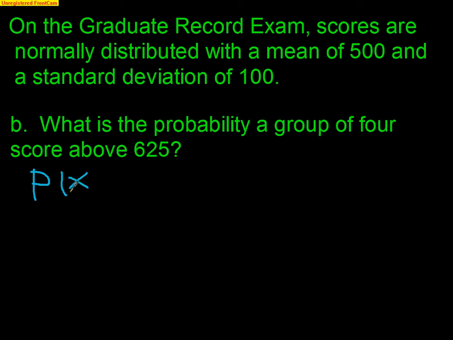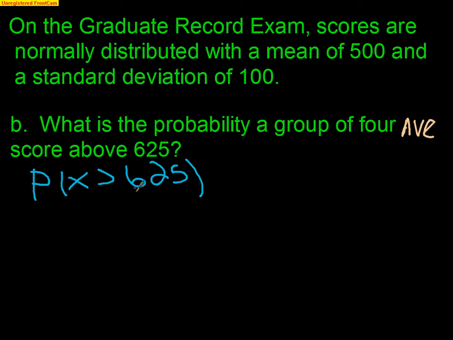And really what this should say is the average. What's the probability a group of 4 average score is above 625? So let me fix that a little bit. That makes it more correct to what we're studying now.